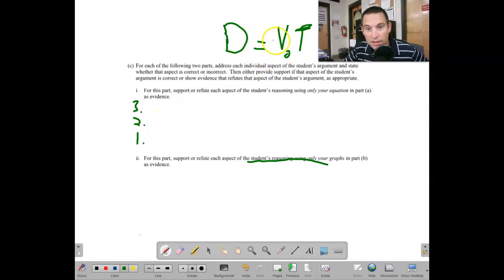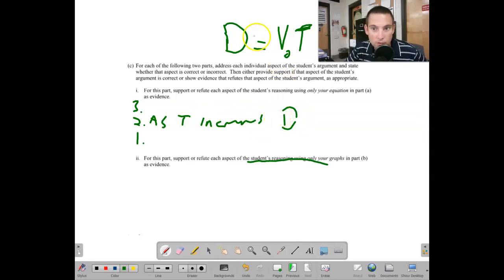For number 2, we're talking about the relationship between D and T. Well, guess what? We can still get this point right here. As T increases, so does D. Right? That's the relationship. And then for number 1, as V naught increases, so does D. Those are the same exact responses.